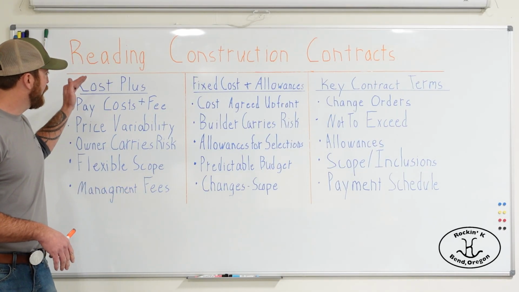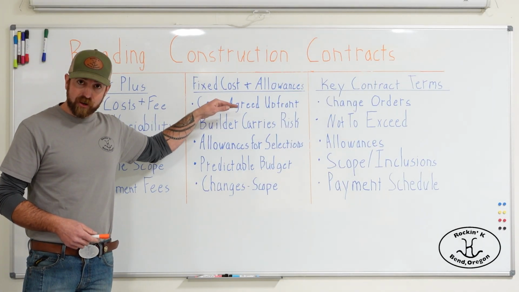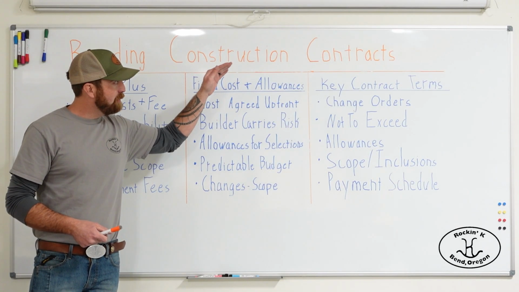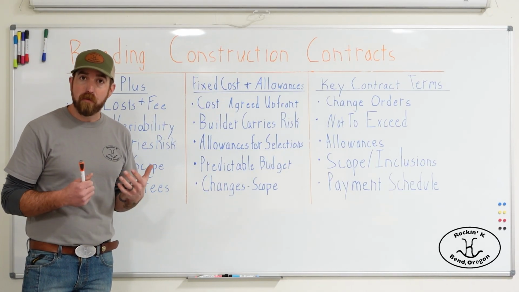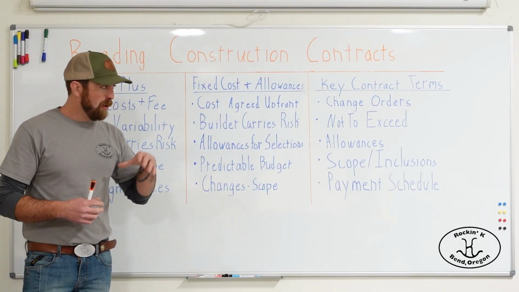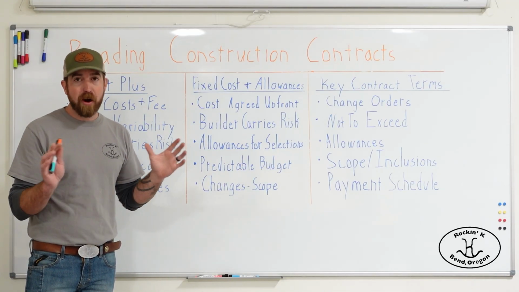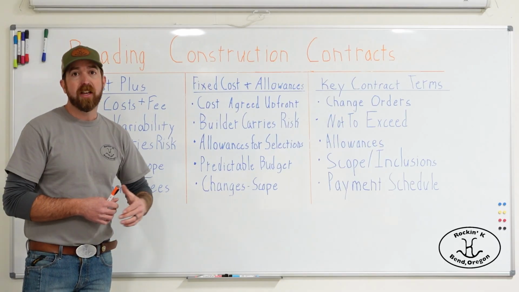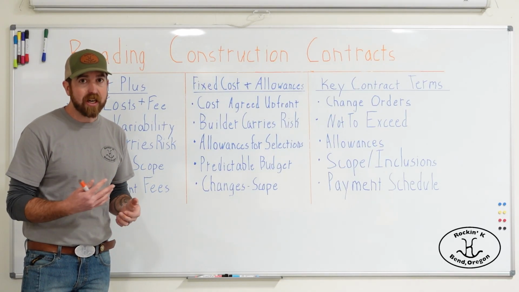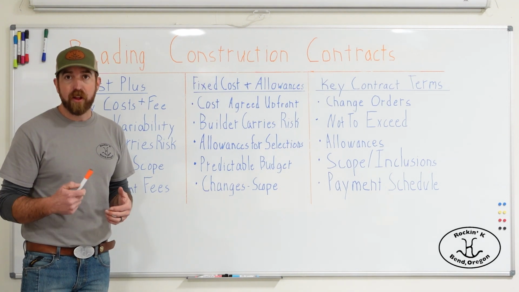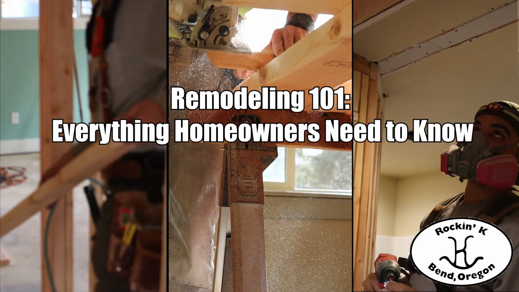So today we're going to go through the difference between a cost plus contract and a fixed cost contract, and then we're going to break down a bunch of key contract terms so that you will have as much information as possible when talking to builders, hopefully us, but if you live in a different area, whoever you're talking to, all of these things will apply, and it will give you a lot better basic understanding of what the true cost of your project is going to be.